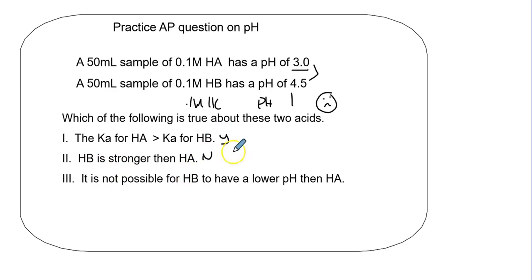No, because that doesn't jive with the Ka values. Is it possible for HB to have a lower pH than HA? Well, yes, just have to change concentrations. And what about this guy? What do you know about this guy? Well, if it's 0.1 and it's got a pH of 1, that means this guy is a strong acid.